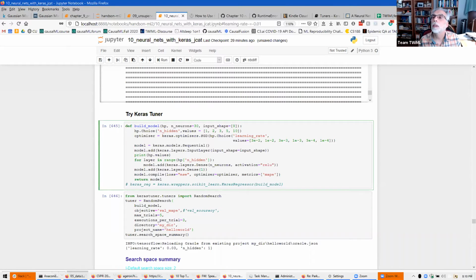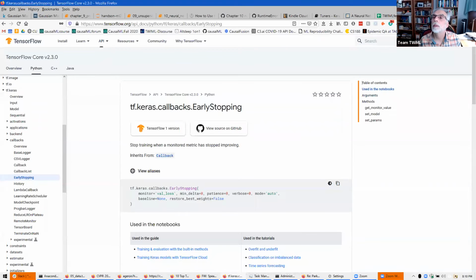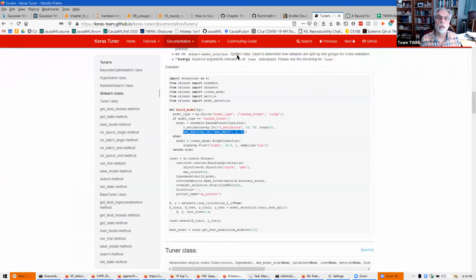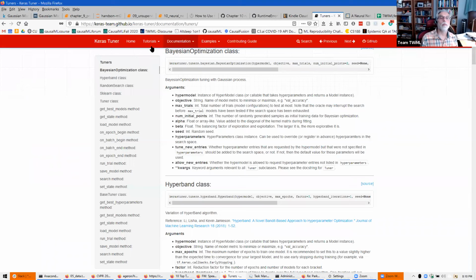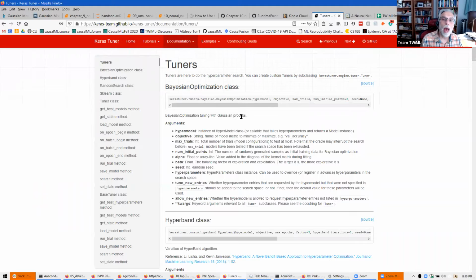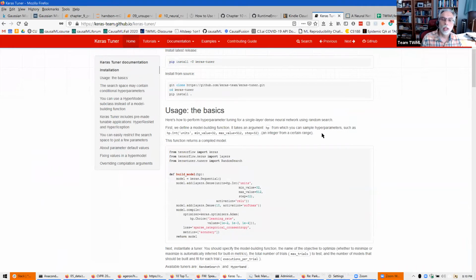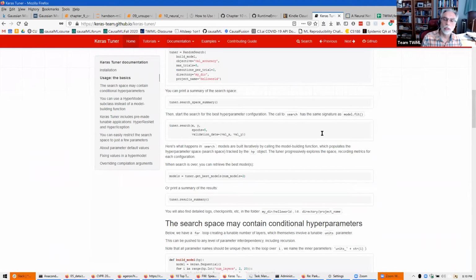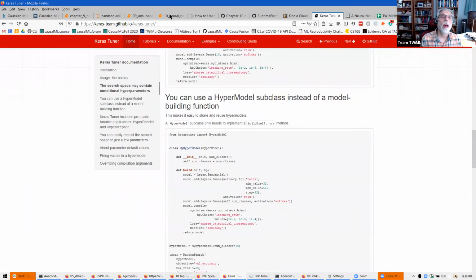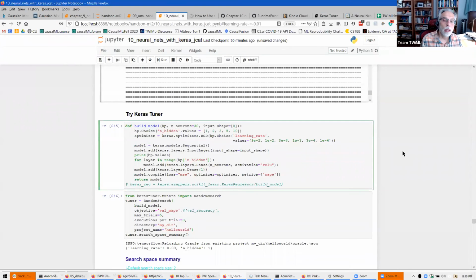Let's see, nope, that's not it. There it is. So, there's information on the website, and it gives you an introduction, and so you can sort of steal some examples. And so that's what I did. I just stole a simple example and implemented it, and it worked okay.